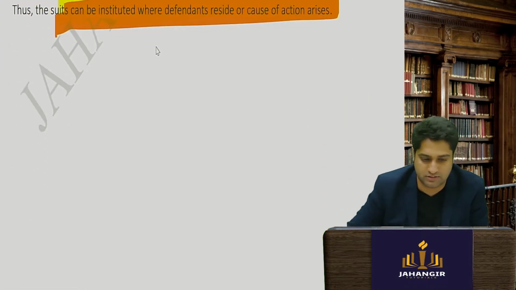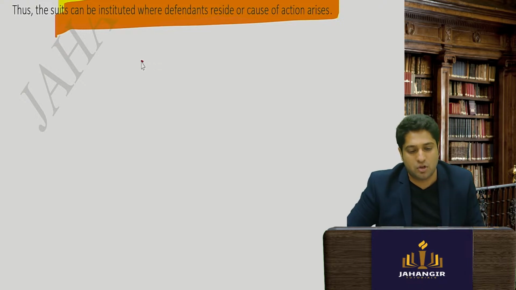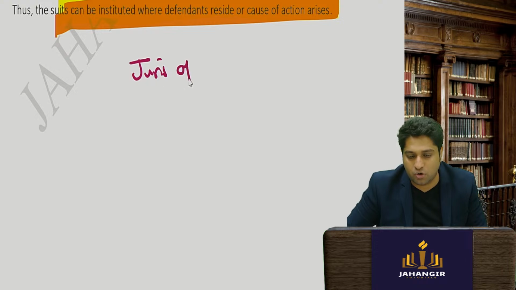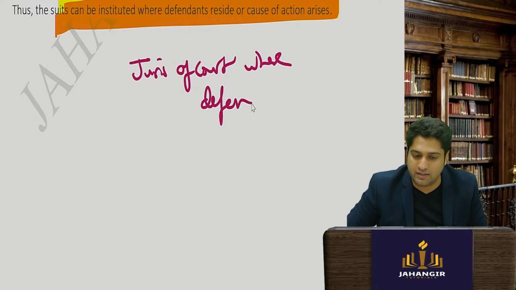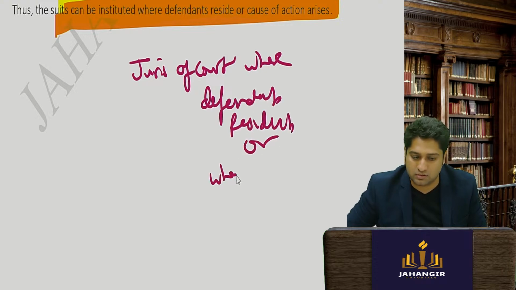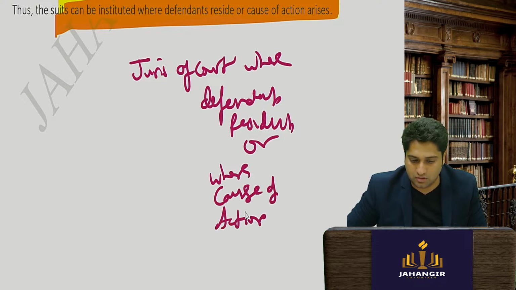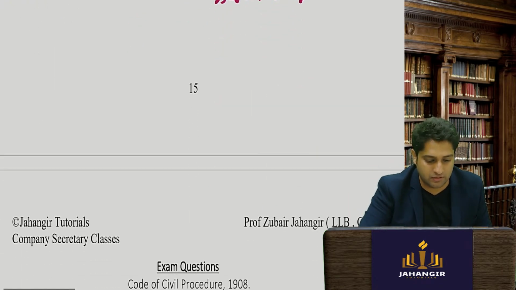So two options are there. It is always the same thing: either in the jurisdiction of the court where the defendant resides or where the cause of action arose. So this is like a constant thing.